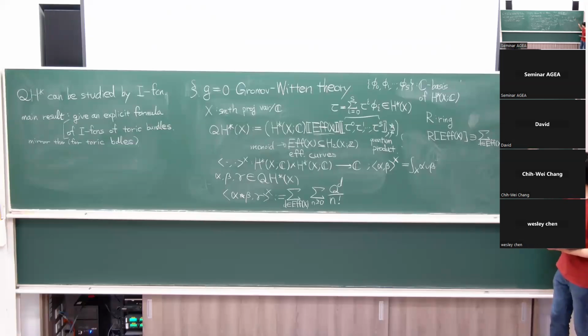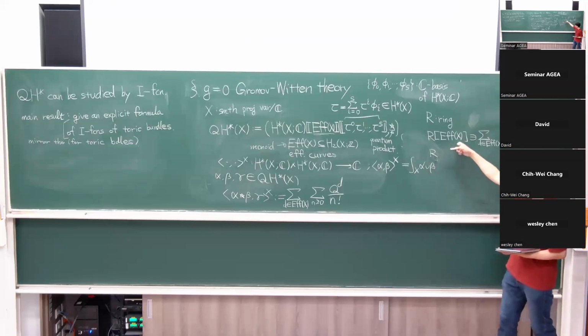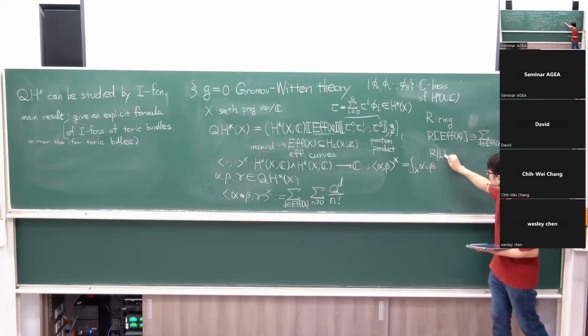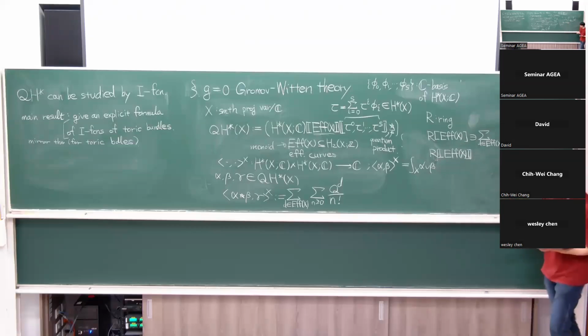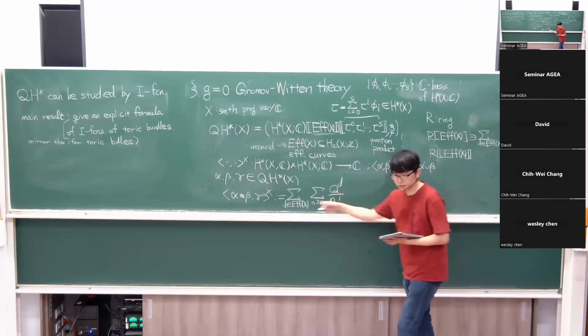This is a formal variable. And since the effective cone is strictly convex, we can canonically take its completion. So this is an infinite sum in general.